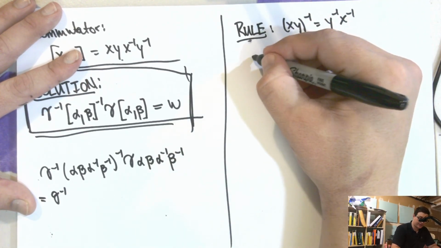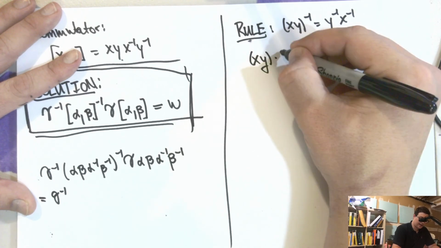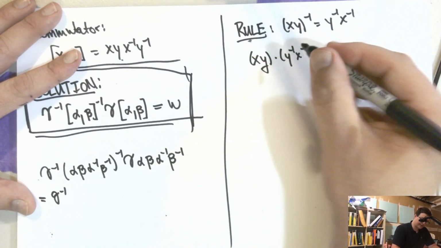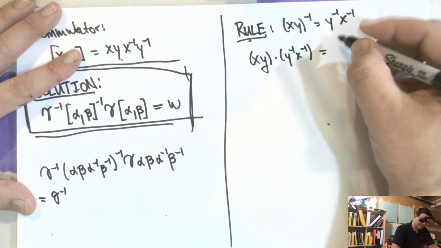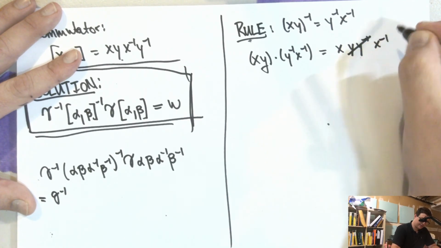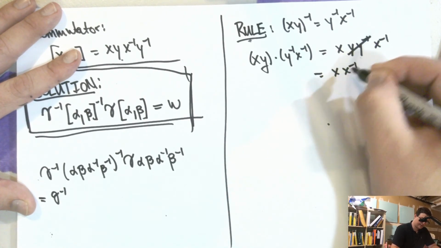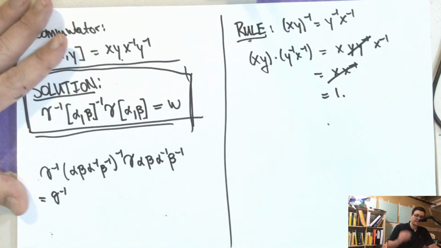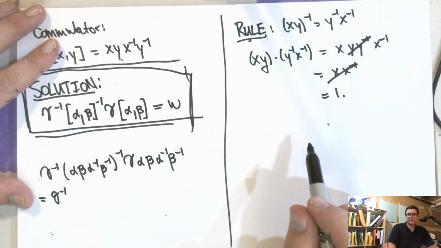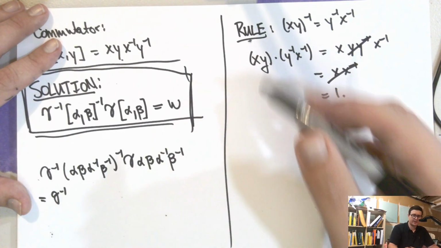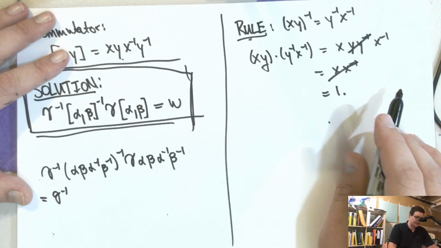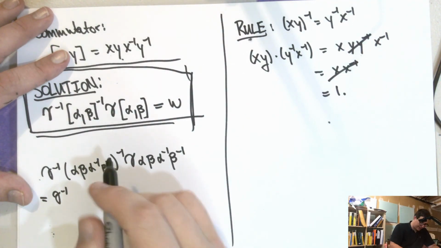That's because if you do xy times y inverse x inverse, these cancel, those cancel, and then you're stuck with these. These cancel, and this is 1. That's how this works. And then we have the uniqueness of inverses. Whenever you show that something is an inverse, it must be the unique inverse. So let's figure out what this is.